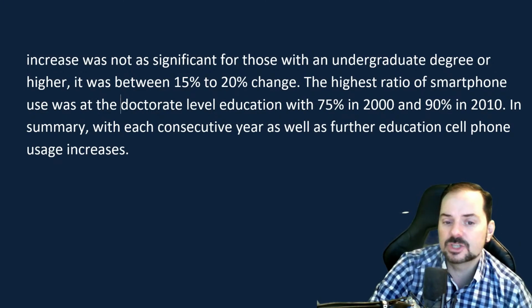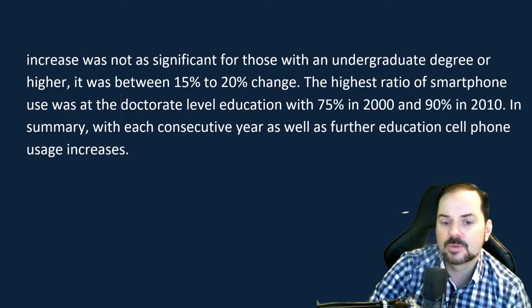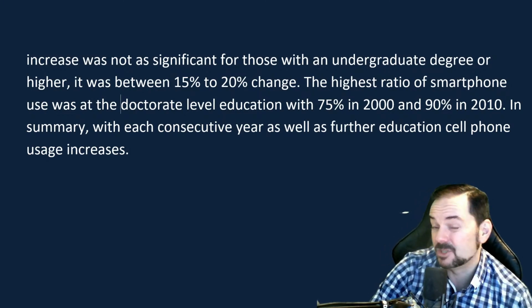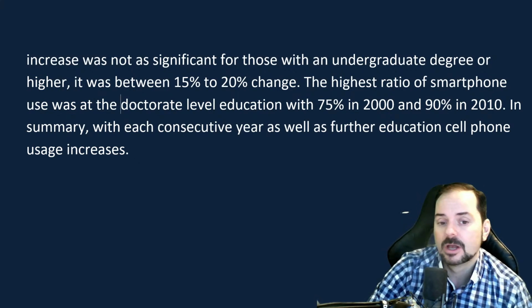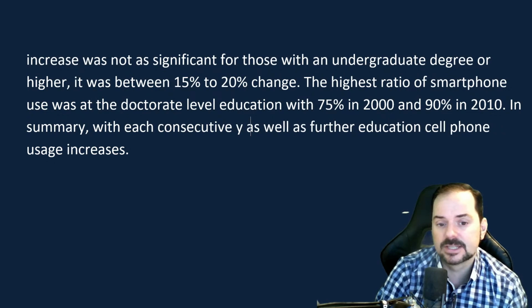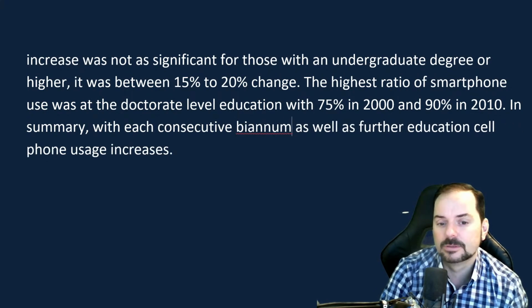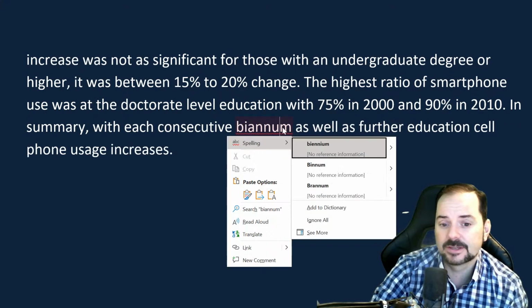In summary, with each consecutive year, as well as this, I have, if I want to be super accurate and go for that real band 9, I'm going to use what Andrew used here. And consecutive biennium, I think.